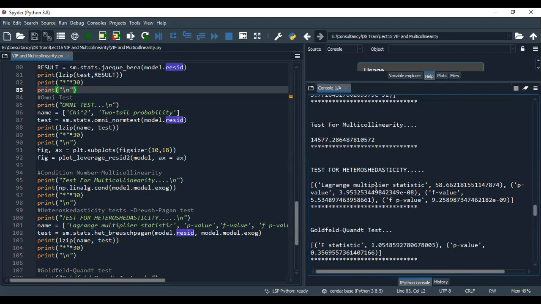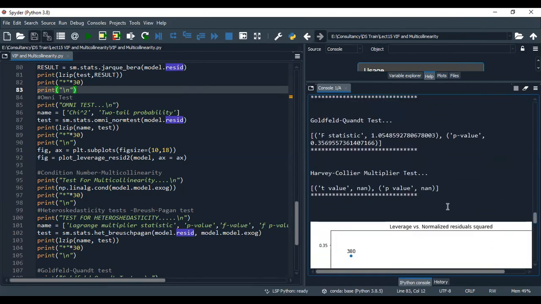Always keep that in mind. That is the Lagrange multiplier test, with the p-value, F-value, F p-value, etc. And we are doing the Goldfeld-Quandt test, and finally the Harvey-Collier multiplier test, etc.